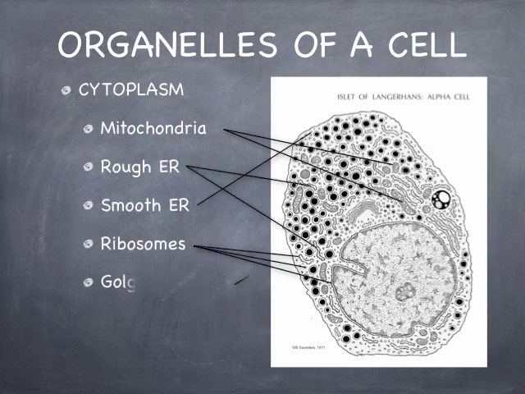2 last ones. Of all of the structures, the organelles in the cytoplasm, the 2 that sometimes get confused most often are these last 2. I've lectured through the 5 that can't be confused with anything else. If you don't know these, you don't know what you're looking for, because you can't confuse a ribosome with a mitochondrion or a Golgi with a rough endoplasmic reticulum.